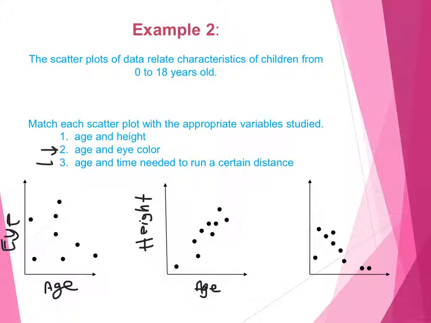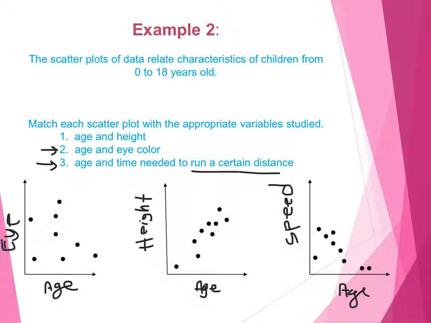Finally, the last one would be age and time needed to run a certain distance. So when you think about it again, what's the independent and dependent variable? Well, age is your independent variable, and your time needed to run, so that's basically your speed, right, of how you can run. So you would know then that when you're very young, as you grow older, you can get faster and faster because you become stronger.